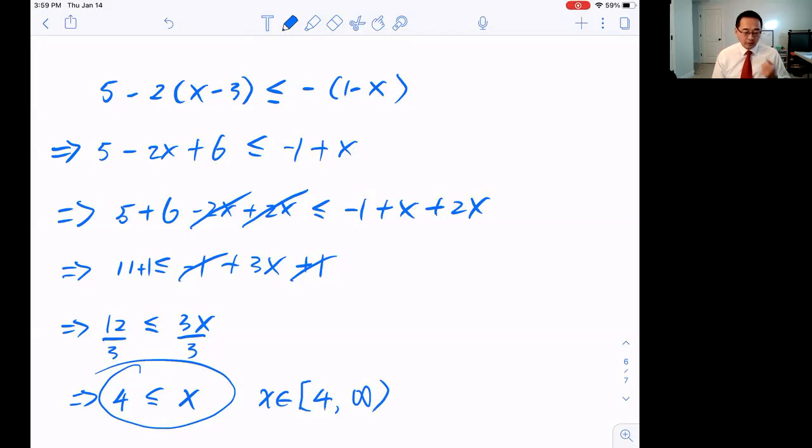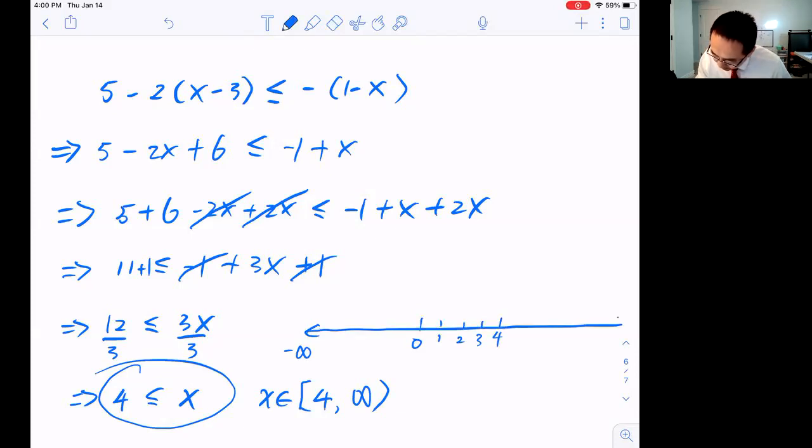And then another way that we will not really use, but is also correct, is to draw a number line, right? So if you draw a number line, here's 0, here's negative infinity, and then you have 1, 2, 3, 4, and this is infinity, okay?